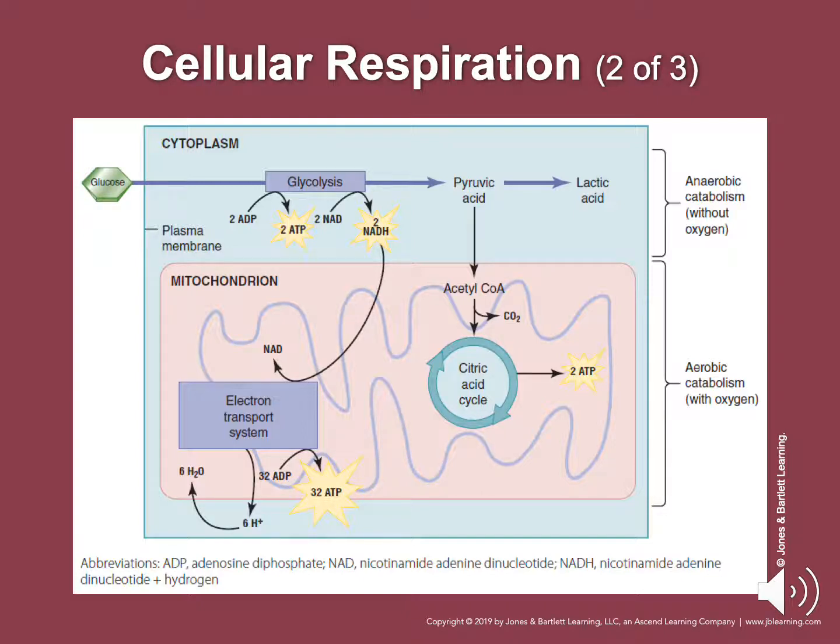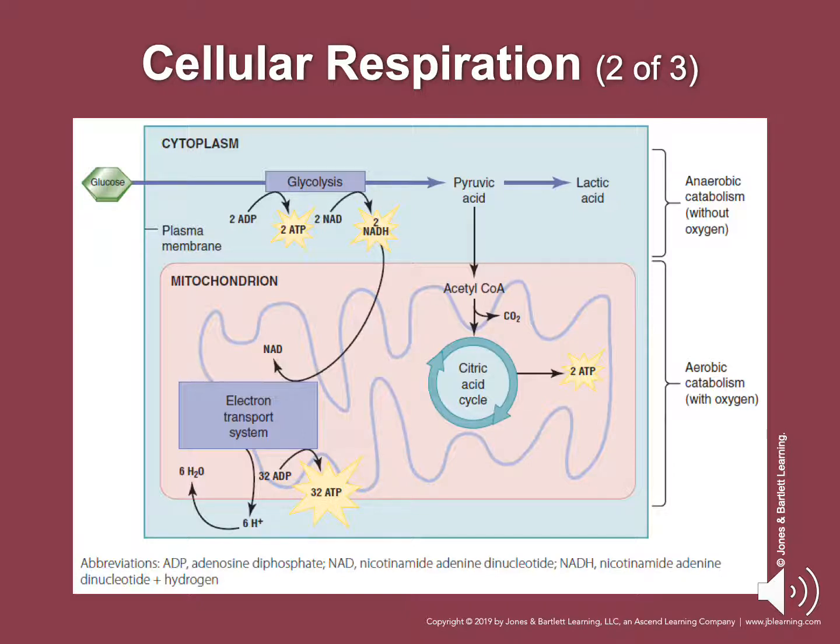It releases NAD here into the electron transport system, and then that produces your 32 ATPs with water and hydrogen. So also shows you the pyruvic acid that may turn into lactic acid.